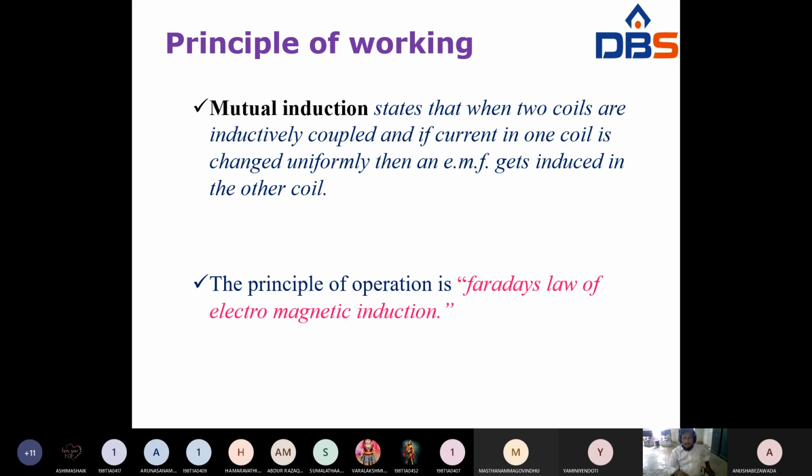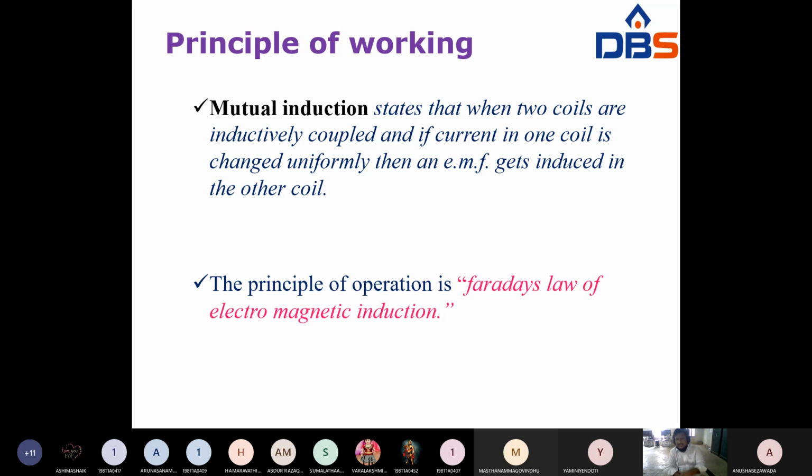A simple example: suppose an iron rod is there, and a magnet is moving. Because of the magnetic flux produced in the magnet, a force acts on the iron. The iron piece will be attracted, right?